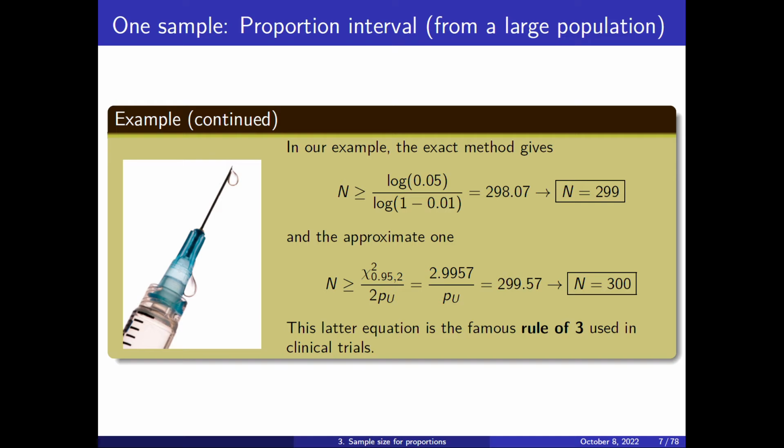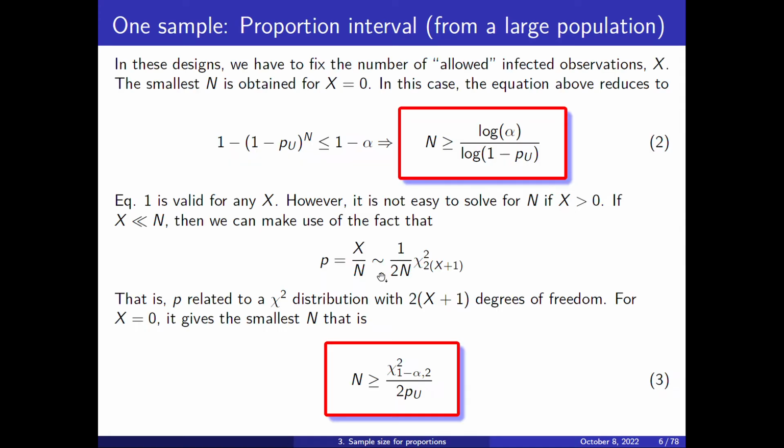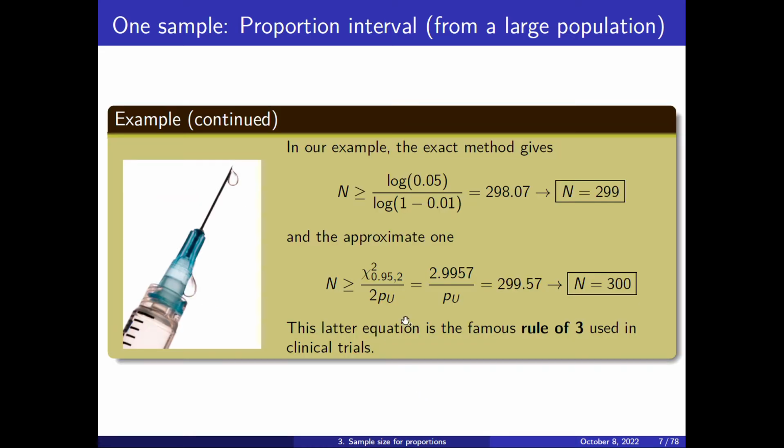famous rule of 3. Let us look at this chi-squared. We have 1 minus alpha, this is given, and this is 2 divided by 2 times the upper bound. But all of this, except for the PU, is a ratio of 2.99, and so we can approximate it by 3.